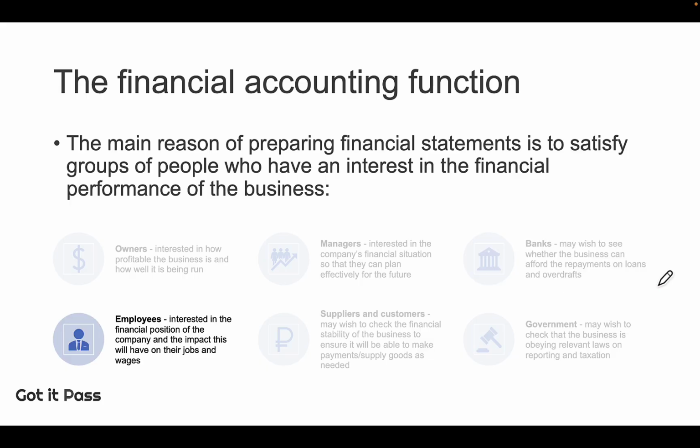And next, employees. They are part of the company and they are interested in the financial position. That means whether the company has sufficient cash, for example. So they would like to know more about the financial position of the company and the impact this will have on the jobs and wages.